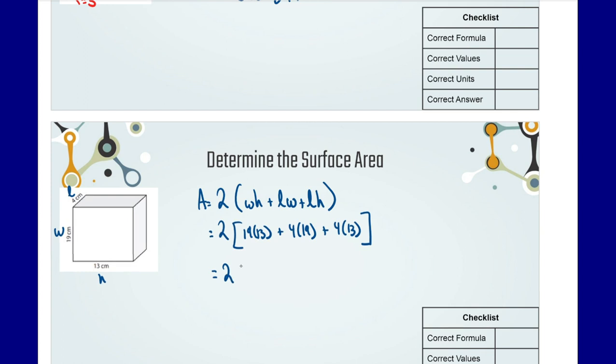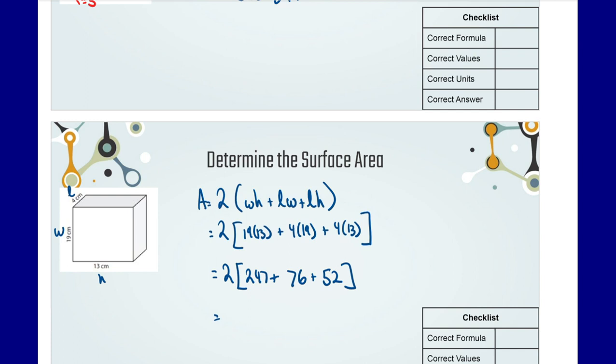So 2 times 19 times 13 is 247, plus 4 times 19 is 76, plus 4 times 13 is 52. I'm going through it step by step.